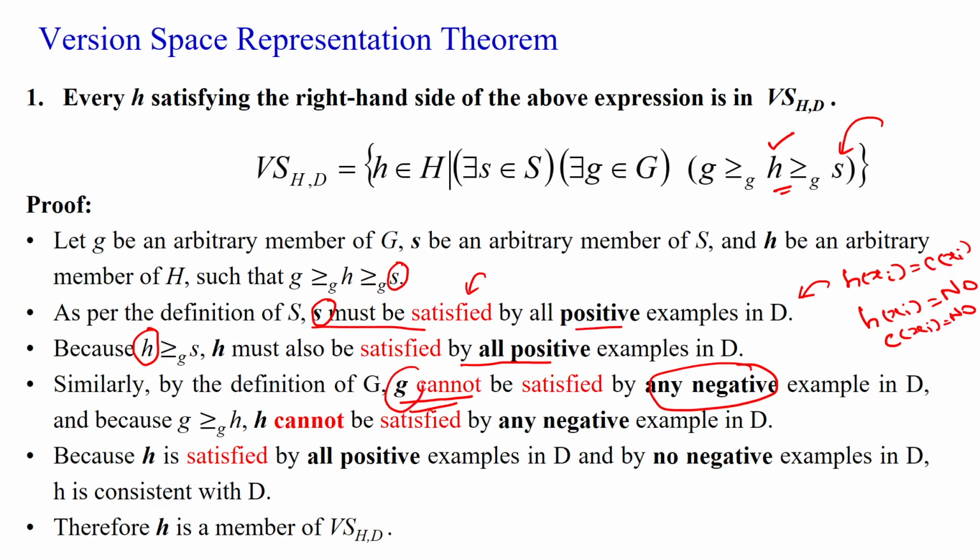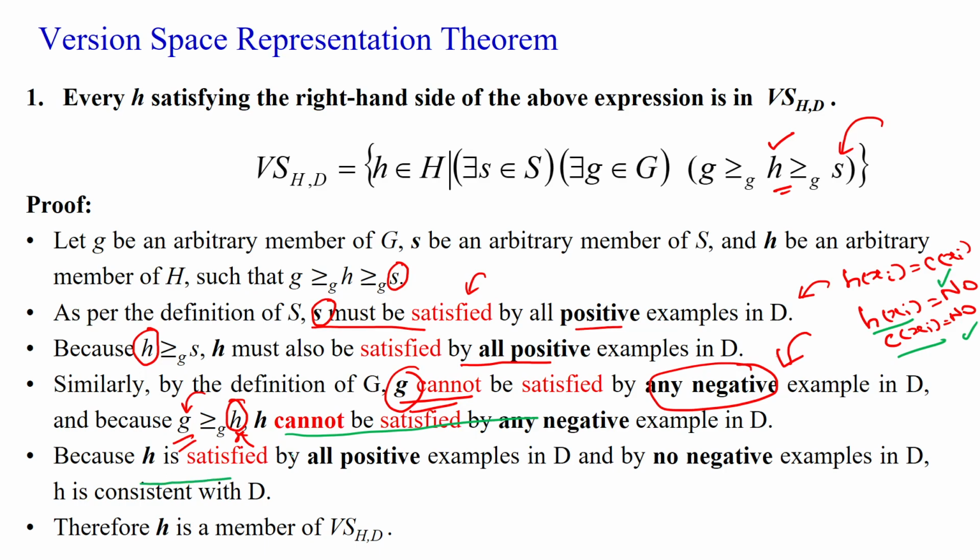When it is not satisfying any negative example in D, then we can say the general hypothesis is more general than h, the random hypothesis selected. And if G does not satisfy the negative samples, then we can say h also cannot satisfy the negative samples. So both are not satisfying the negative samples, which is also no, which is also no. That is the thing, right?